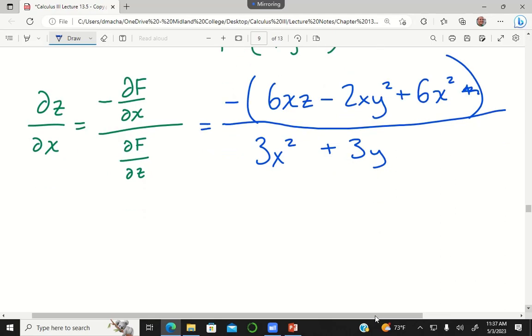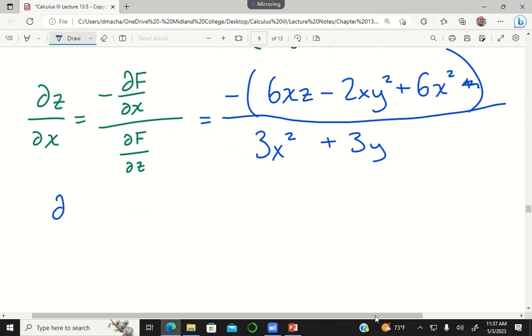And so, likewise, if you wanted to take the partial of z with respect to y, all you'd have to do is say minus partial of f with respect to y. We're just replacing the x's with y's. Okay? And then divided by partial of f with respect to z.